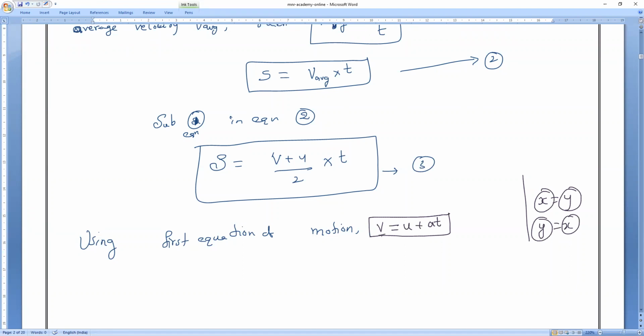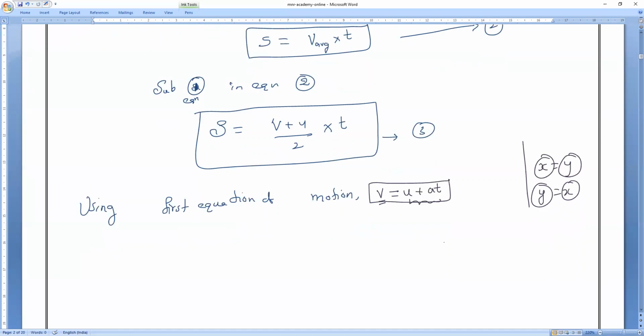Now, in place of V, what can I write, Lingesh? I can write U plus AT. Can I write it or not? Yes, sir. Okay. From the first equation of motion, I will say S is equals to, in place of V, what can I write?